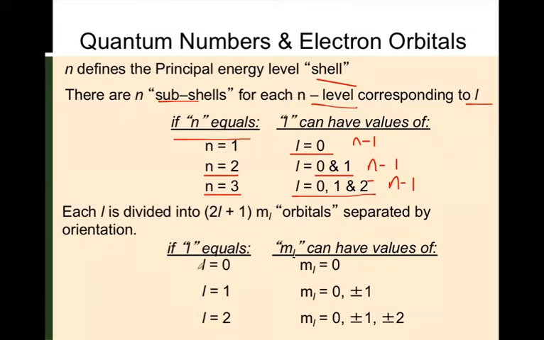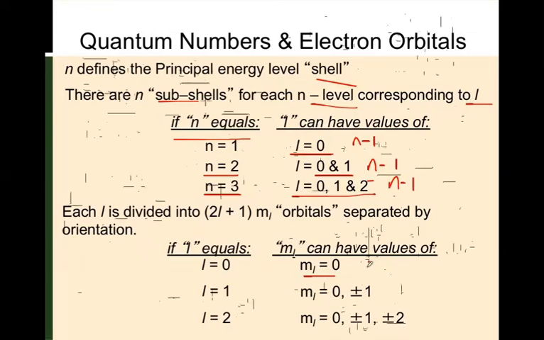So if L is equal to 0, L is equal to 1, or L is equal to 2, we can have different ml values. So L is equal to 0, ml can only have one value. That's 2L plus 1. So 2 times 0 is 0, plus 1 is 1. So the only value you can have is 0. And this is true because this is the s orbital that we saw earlier.